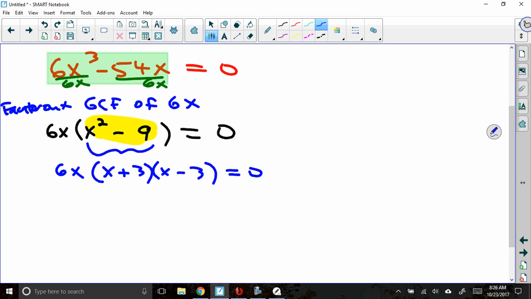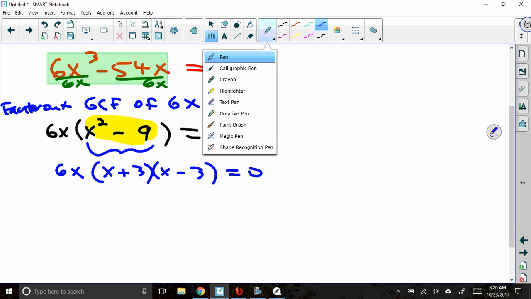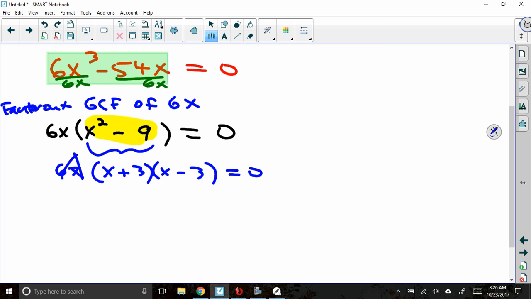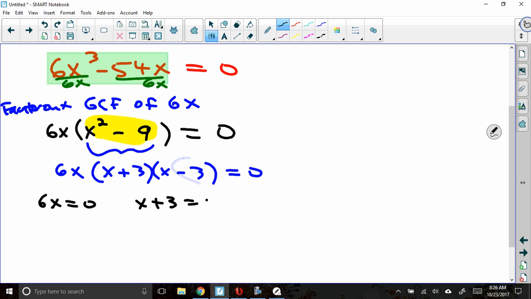This is kind of interesting. The zero product property says if A times B equals 0, then either A equals 0 or B equals 0. Well, I got news for you. The zero product property could be extended to if A times B times C equals 0, then A equals 0, or B equals 0, or C equals 0. So the deal is 6x equals 0, x plus 3 equals 0, and x minus 3 equals 0.